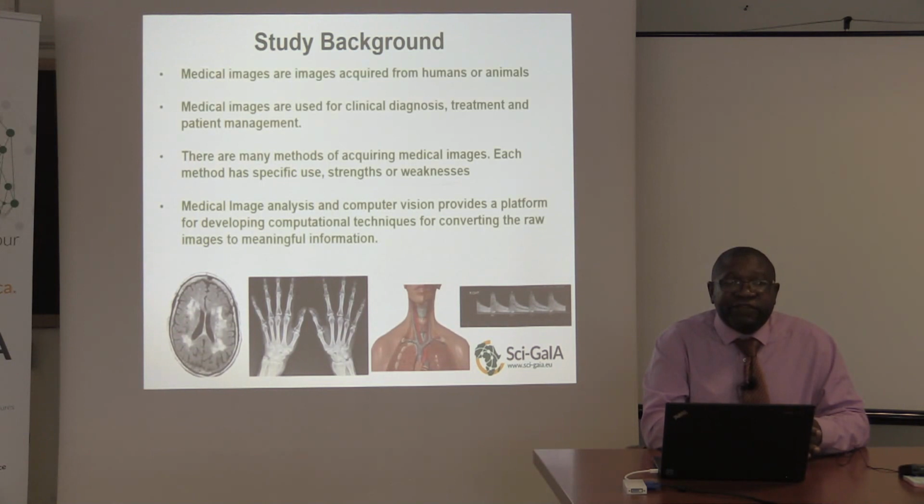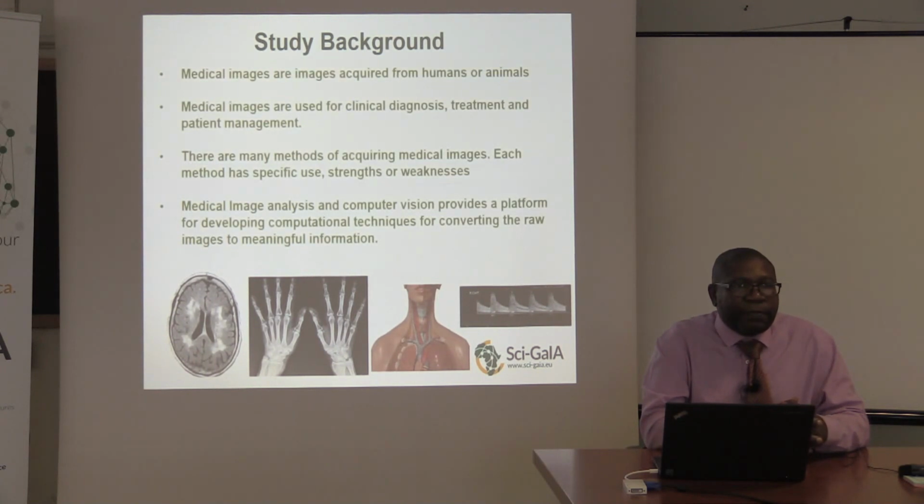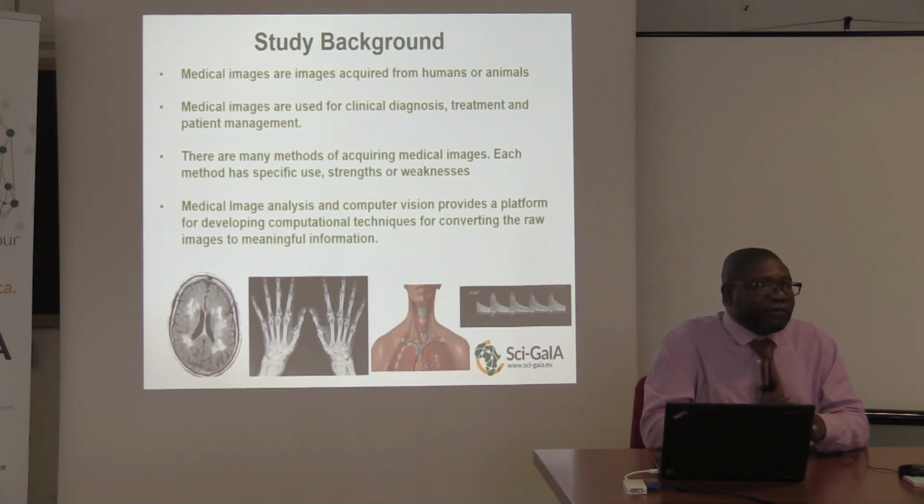About the study background: medical images are images acquired from humans or animals. By this I mean we talk about clinical or preclinical images, and these images are generally used for medical diagnostics and for monitoring patients in terms of how they respond to treatment.